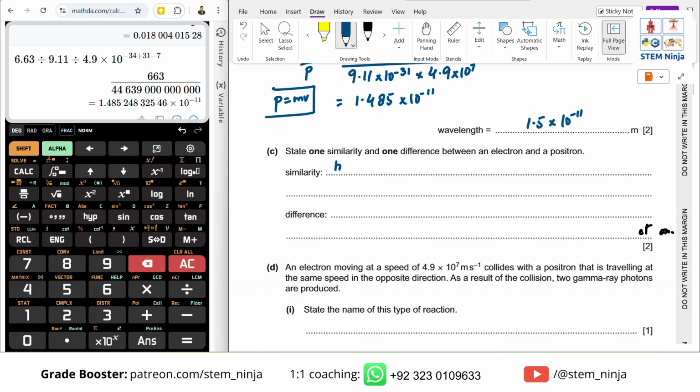So both are leptons, both have the same mass, and both carry the same magnitude of charge.